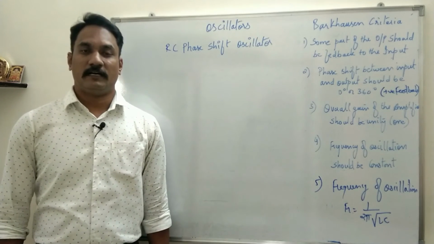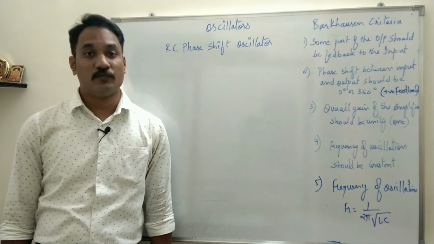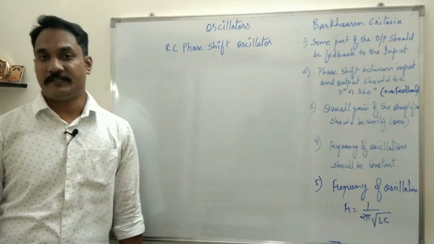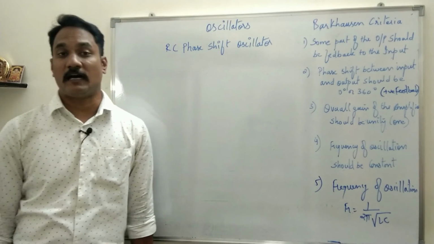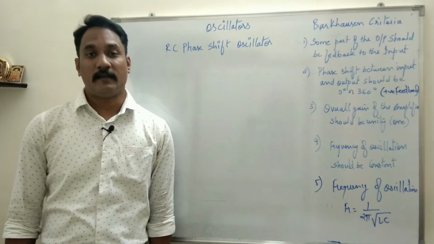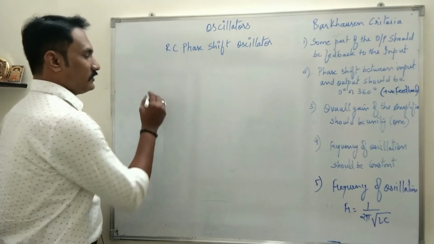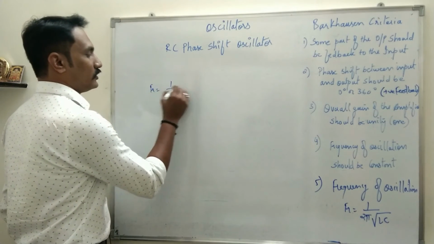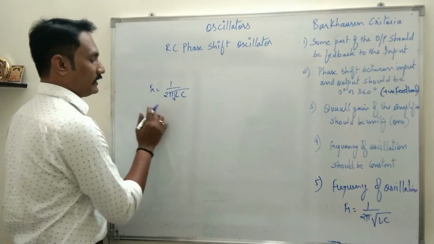Having understood Hartley oscillator and Colpitt oscillator, now let us move to RC phase shift oscillator. Now the first question is, why do we need to understand RC phase shift oscillator once we have Hartley and Colpitt oscillator. Now what is the frequency of oscillation? FR is equal to 1 upon 2 pi under root of LC.